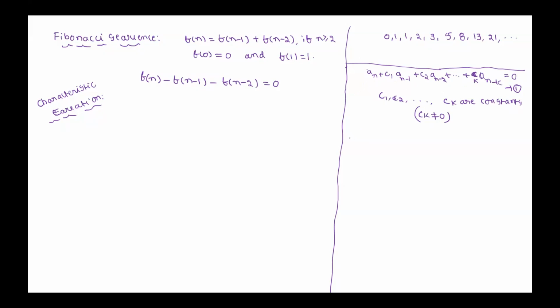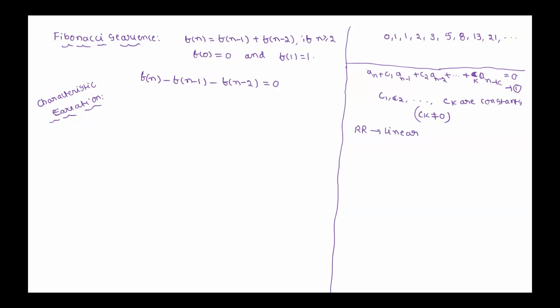Yes, because we represented an as a linear combination of its k previous terms, an minus 1, an minus 2, up to an minus k. So first of all, it is a recurrence relation, and it is a linear recurrence relation. Here this value equals 0. It is represented in terms of its previous terms, but with no other function.